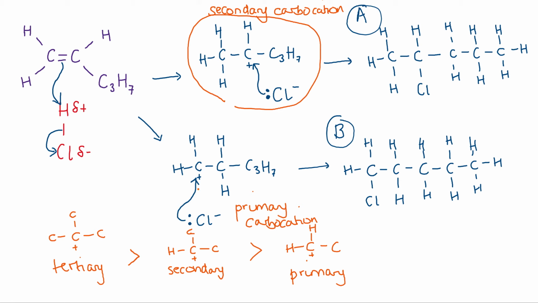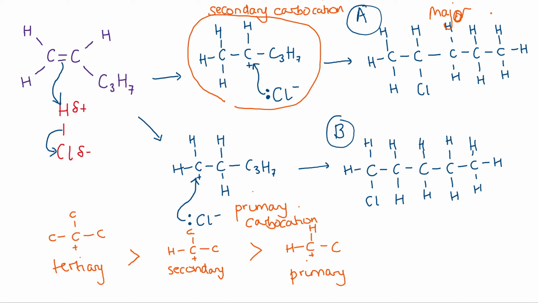Our secondary carbocation, I'm just circling the whole thing, but it's technically just this part, is more stable than our primary carbocation. Because it's more stable, it is more likely to form, and therefore product A is our major product. The one that goes via the secondary carbocation is the major product. In an exam question, it is better to use the explanation of which carbocation.